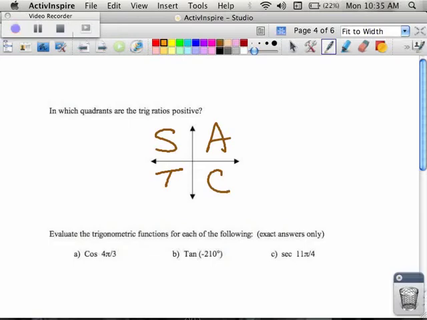So this little diagram is referring to positive values. That might be helpful, because if you know where they're positive, then if it's not there, then it's negative. The way they taught this when I was in school is all students take calculus, going around the quadrants. I've never forgot it, so I know it's ASTC.